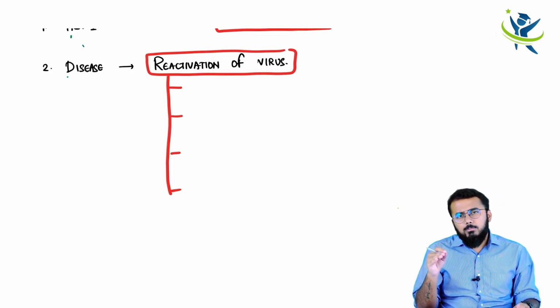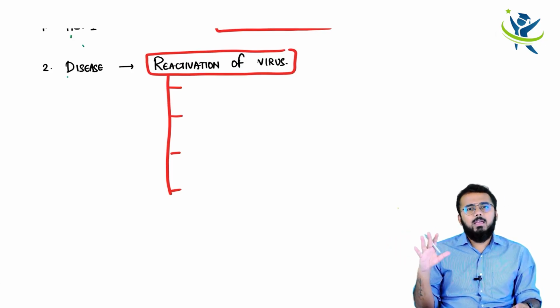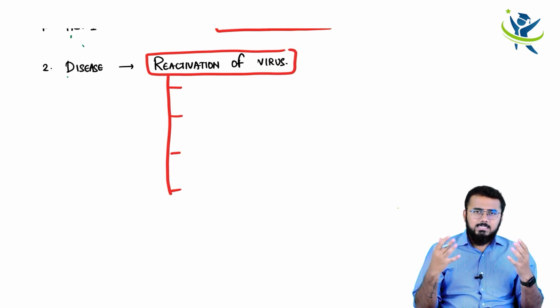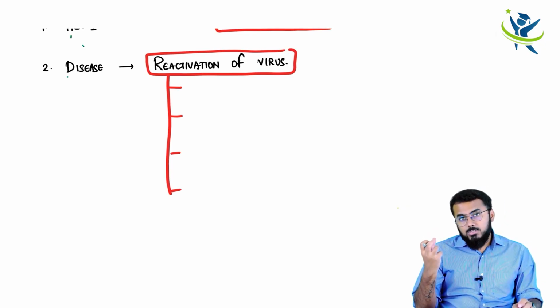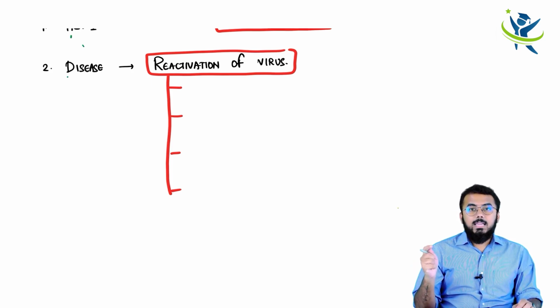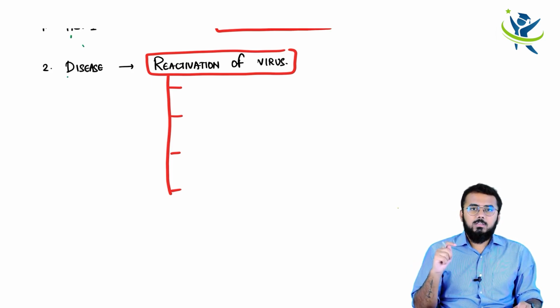So in an immunocompromised patient, let us say for example I have HIV. HIV is an immunocompromised state, it means my immune system is getting damaged, getting weakened day by day. So when my immune system is getting weakened day by day, that is the time this herpes simplex virus will wake up.